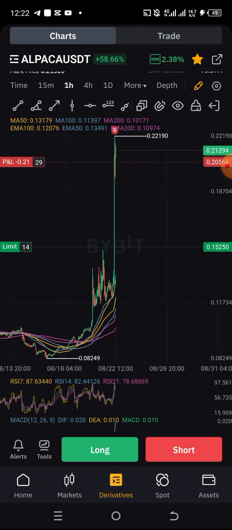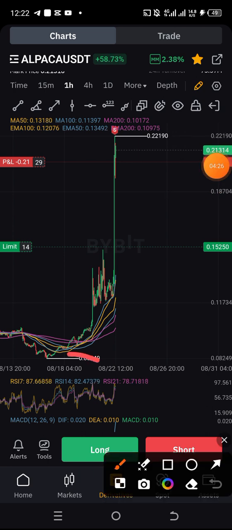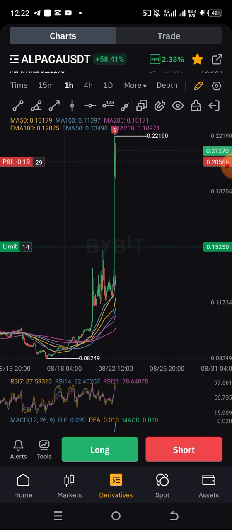That is a rule that always exists in trading. So that's the first thing: check your RSI 14 and check if the value you have is 80 and above. So I have confirmed that.